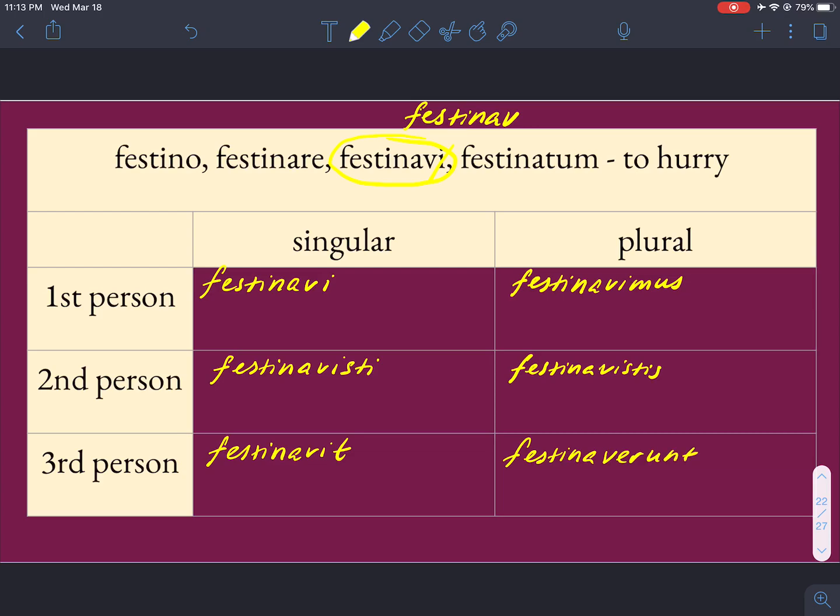Okay, now let's do the translations for each. Remember, it's the simple past completed action. Okay, so it just has like whoever blanked. All right, that's how you translate it.